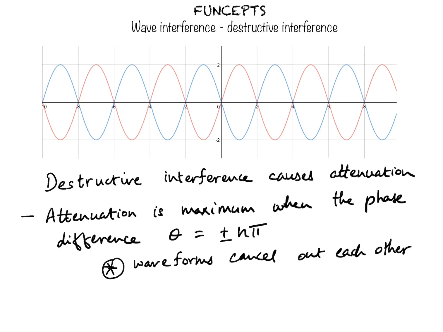We'll discuss that in more detail in another lecture, but the focus here is just to understand the meaning of wave interference and the effect the phase difference between signals has on the resultant sum, and when we get constructive interference and destructive interference, and what is the meaning of amplification and attenuation in this context.